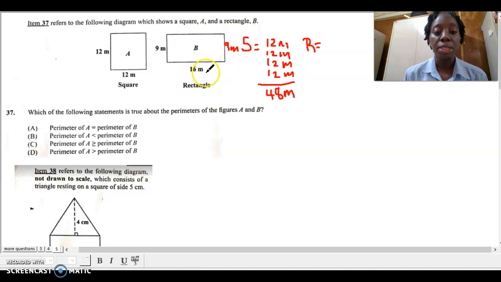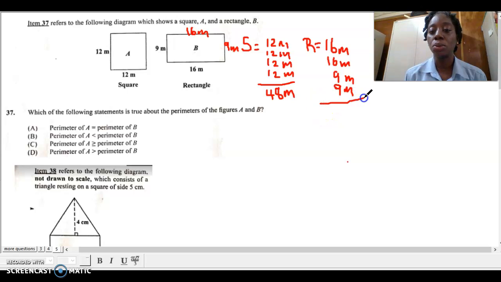And if the measurement for this side is 16 meters, the opposite side is 16 meters as well. So the perimeter of the rectangle R is 16 meters plus 16 meters plus 9 meters and the opposing 9 meters.